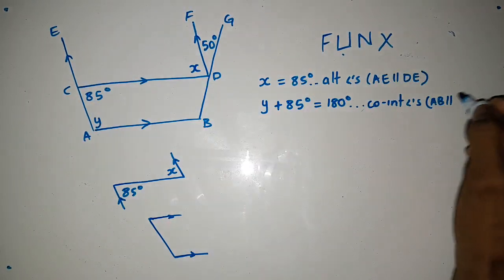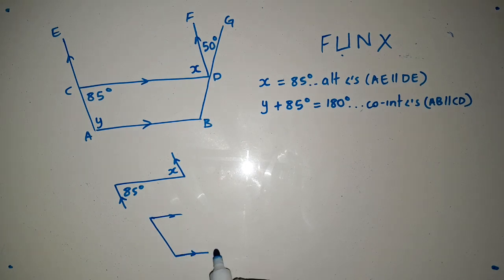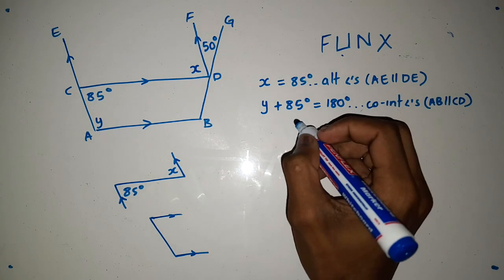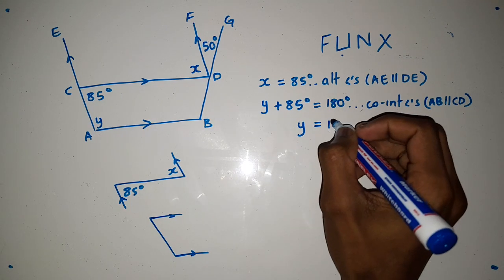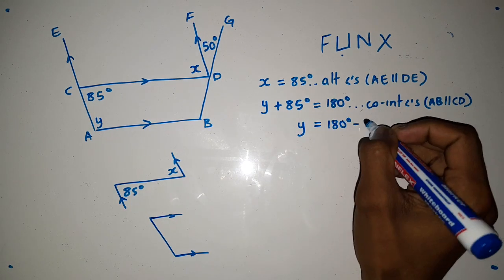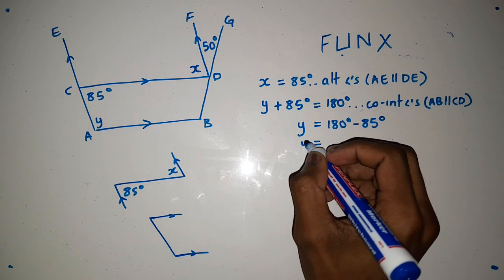AB is parallel to CD in this one. See, AB is parallel to CD. Then so simple. Now you can say 180 minus 85 degrees like this.